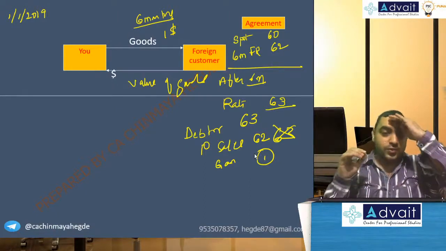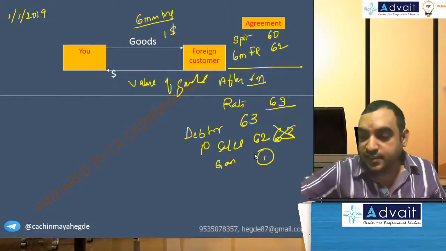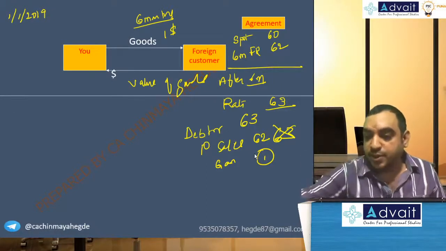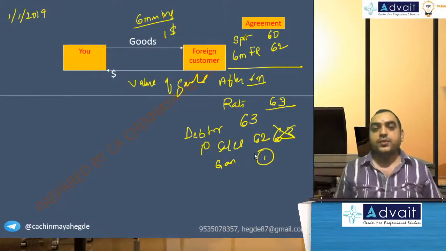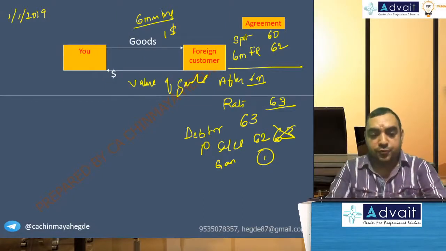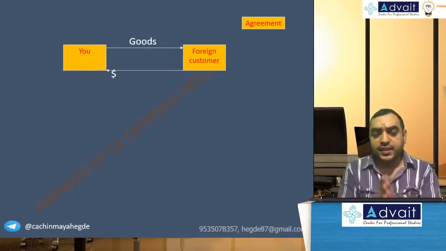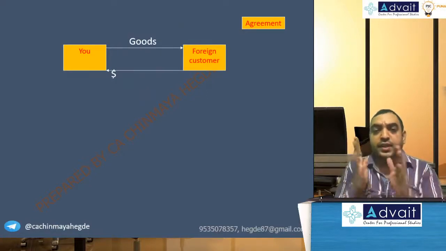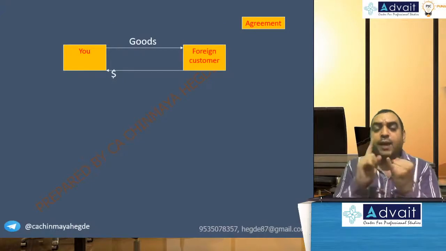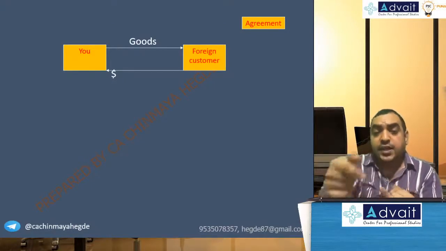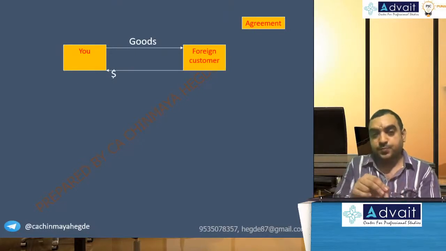Okay, now, I will summarize it, don't worry. Now let us come to this contract clearly. What is this contract? This contract is, I'm selling goods to the foreign customer and I'm getting dollars.